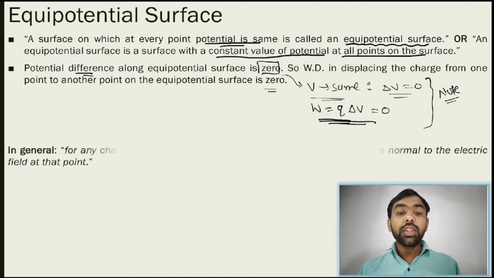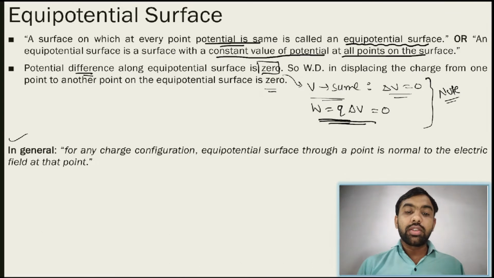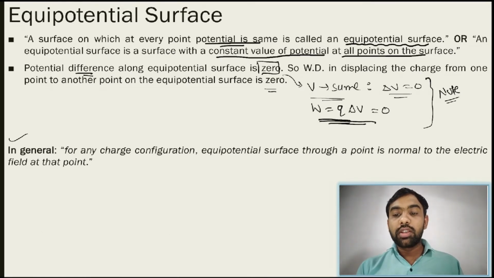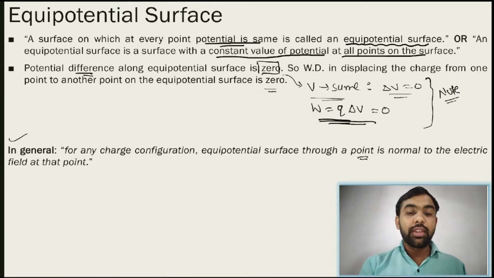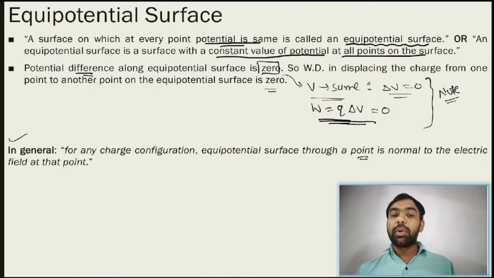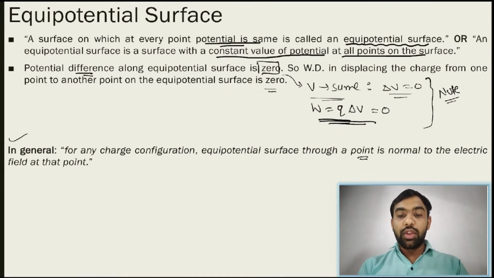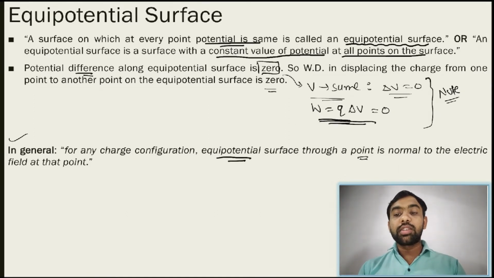Let's see. In general, for any charge configuration, the equipotential surface through the point is normal to the electric field at that point. You must note this properly. If you consider any charge configuration, then the equipotential surface must be normal to the electric field at this point.